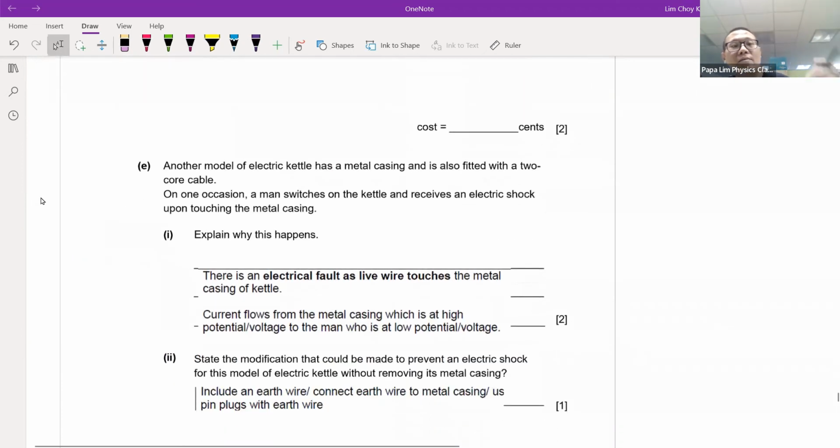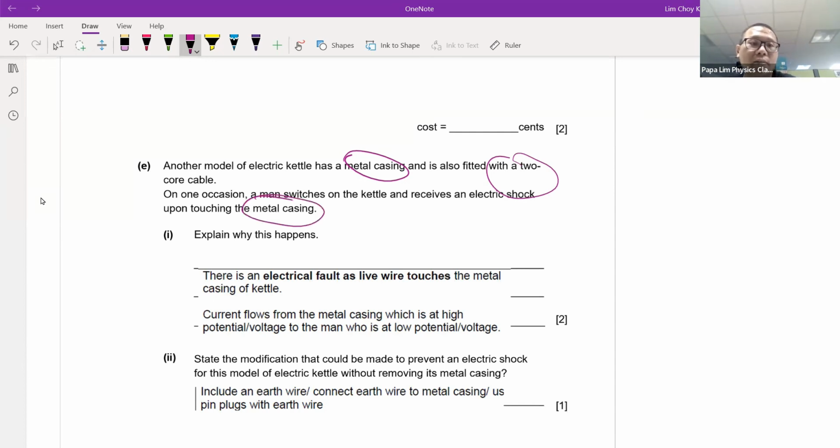Then part E, same thing, metal casing, 2 core again. I have a 2 core cable, but I have a metal casing. The moment I highlight metal casing, very often we are looking at an earth fault.